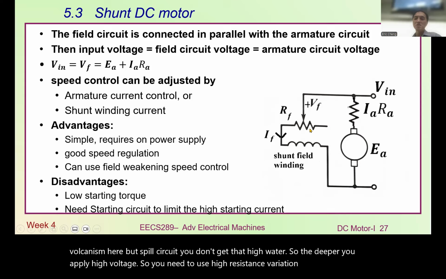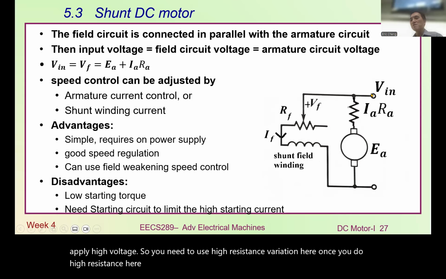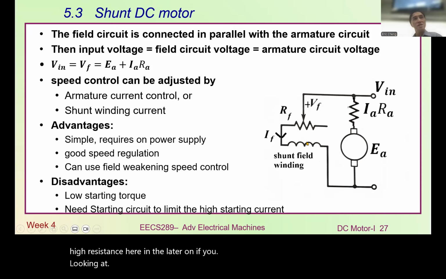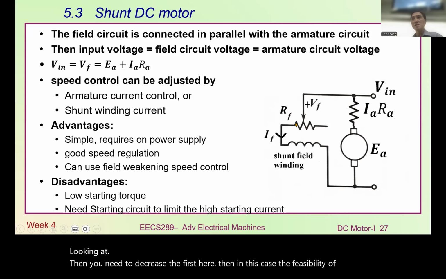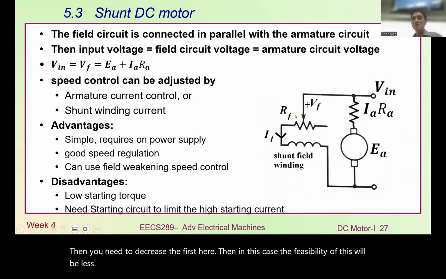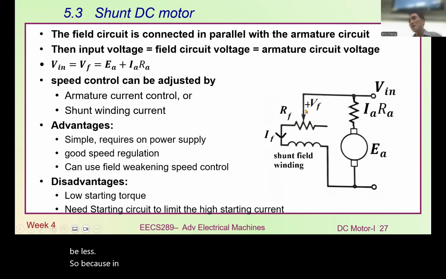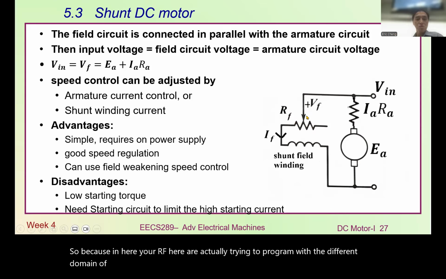Once you use high resistance here, later on, if you are working at lower torque, then you need to decrease the flux here. In this case, the flexibility will be less, because your RF here actually conflicts with the different domain of the flux control.